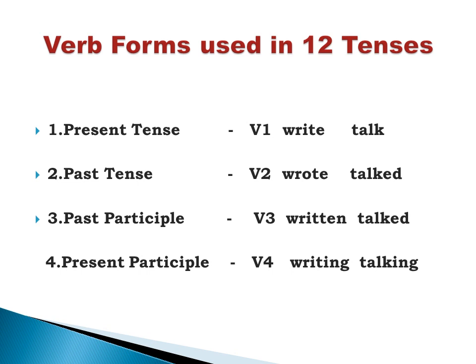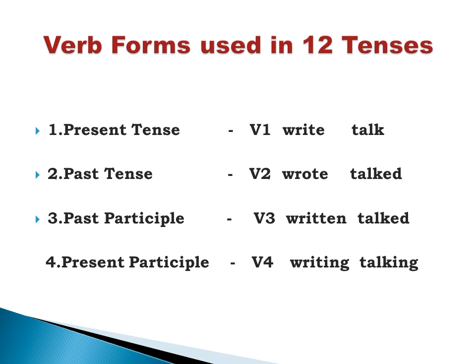We need to understand that verb forms an important element of the sentence. The verb forms which we use in these 12 tenses are present tense, past tense, past participle, and present participle. To make it simple, we have coded them as V1, V2, V3, V4.